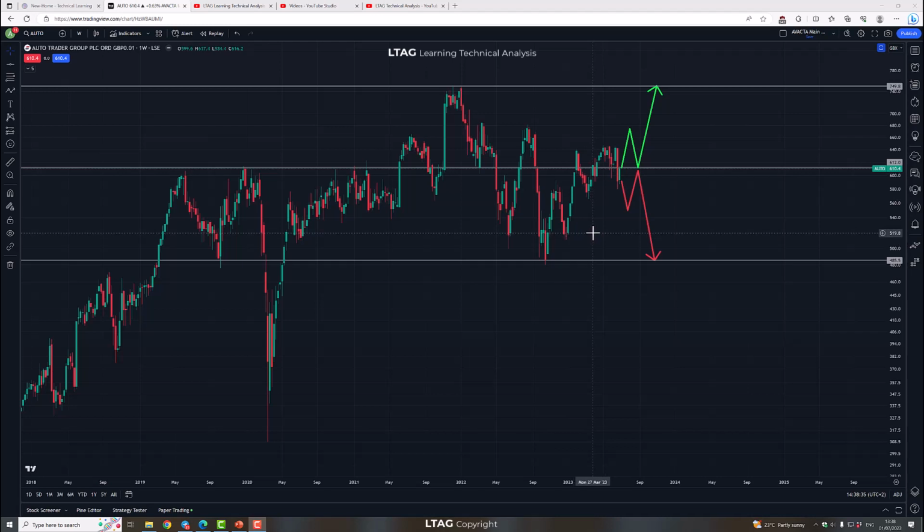I've done it in a fairly extreme fashion. I'm not exactly sure that the fundamentals would support my perspectives that I've just described, but simply to illustrate the necessity to have alternative scenarios so that if one or the other begins to happen, so for example, if we began to see a price up towards this move, up towards this point, we would know that this scenario isn't in play, but this scenario probably is.